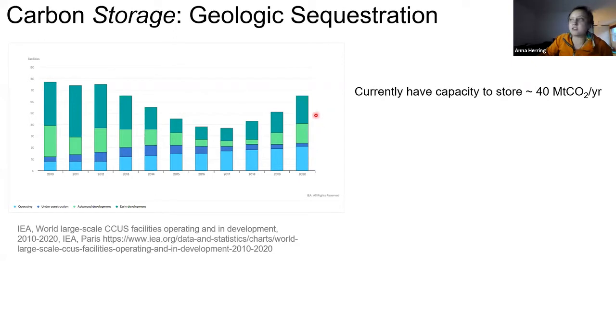The green bars are storage projects that are in various stages of development. It's possible that some of the projects in the green bars will never actually make it to the blue bars. What this is showing us is that we currently have the capacity to store 40 megatons of carbon dioxide per year on a worldwide basis over all of these projects.